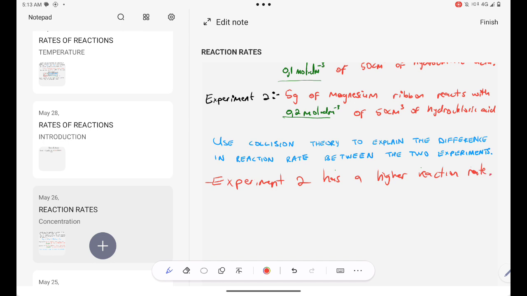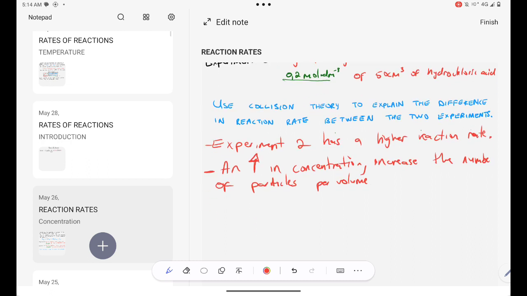Now let's justify this statement of ours. Whenever we increase the concentration, it increases the number of particles, or you can say the number of colliding particles per volume.